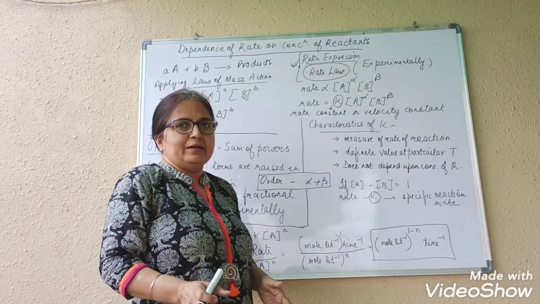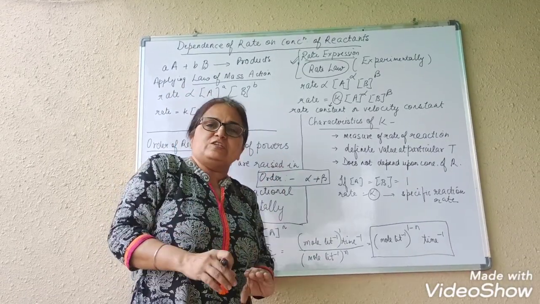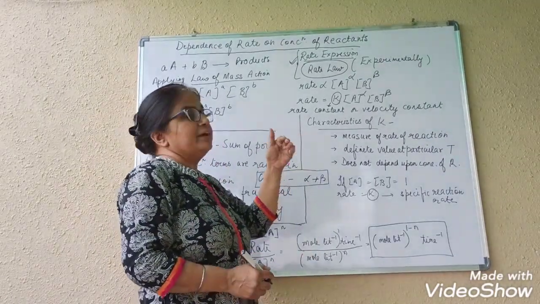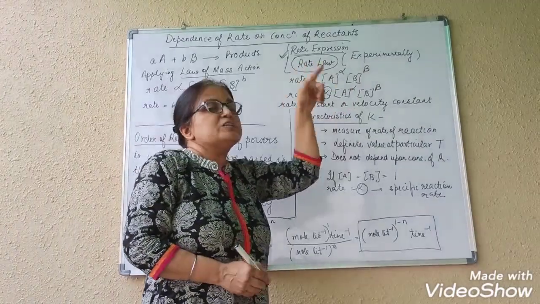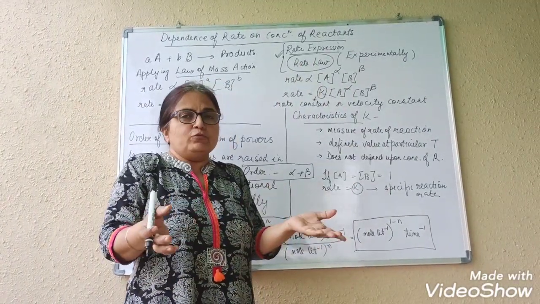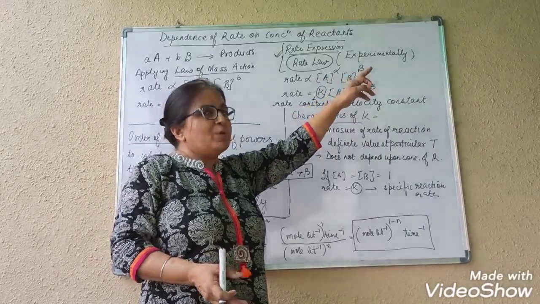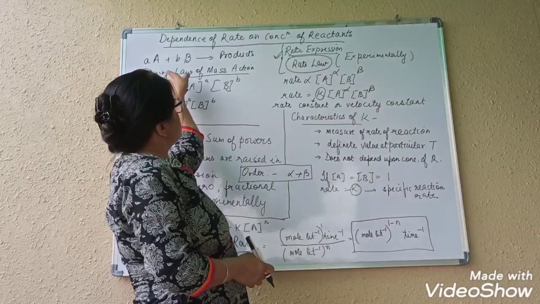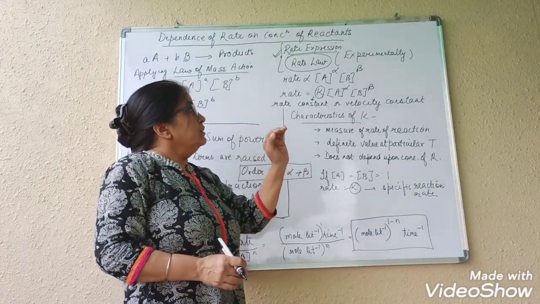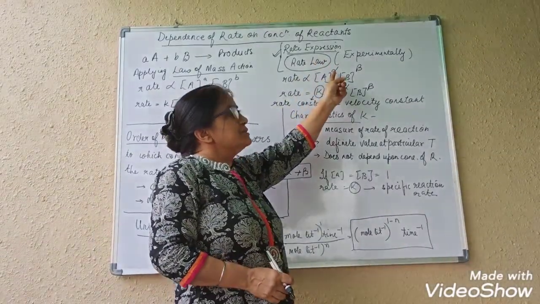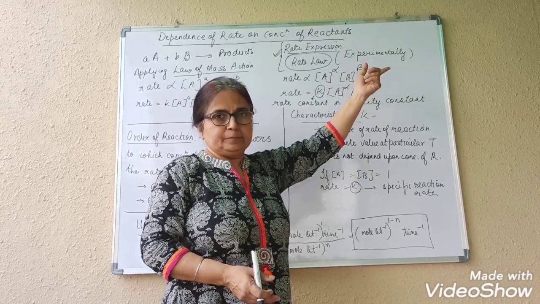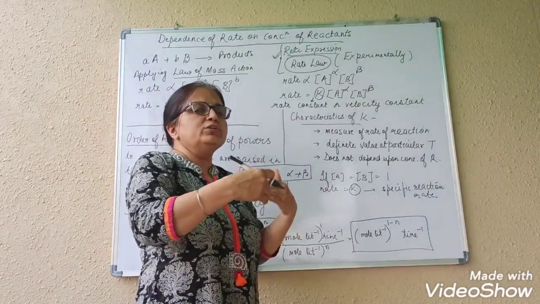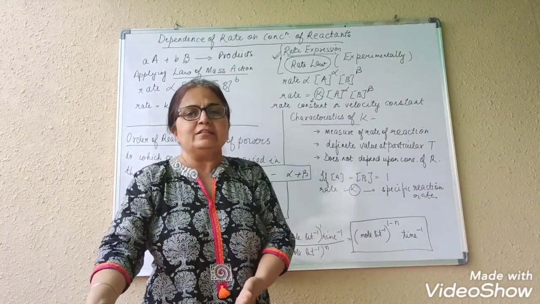The rate law we write in chemical kinetics is determined experimentally, so you and I don't have to learn what these values will be. Suppose in this particular equation the powers are alpha and beta. How they are determined we will study later in this chapter.